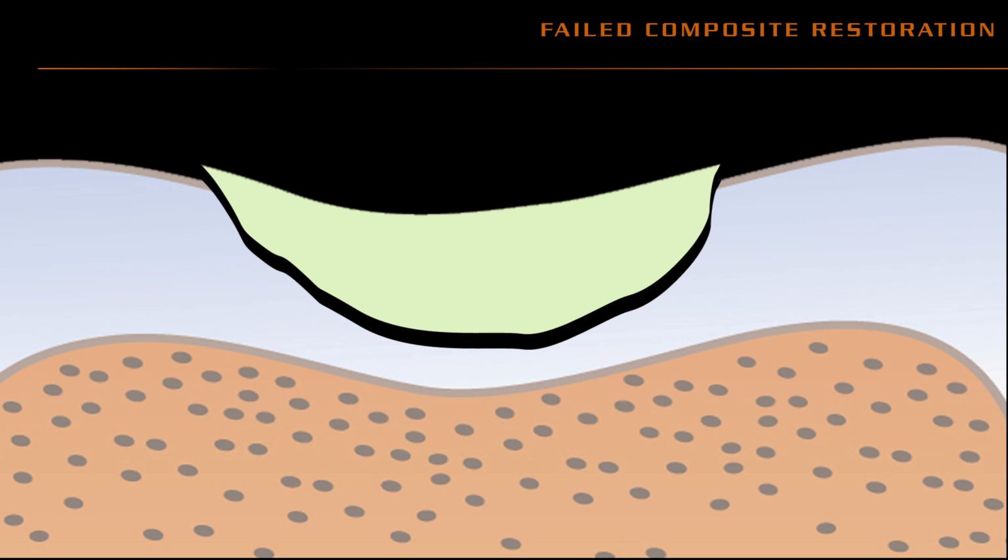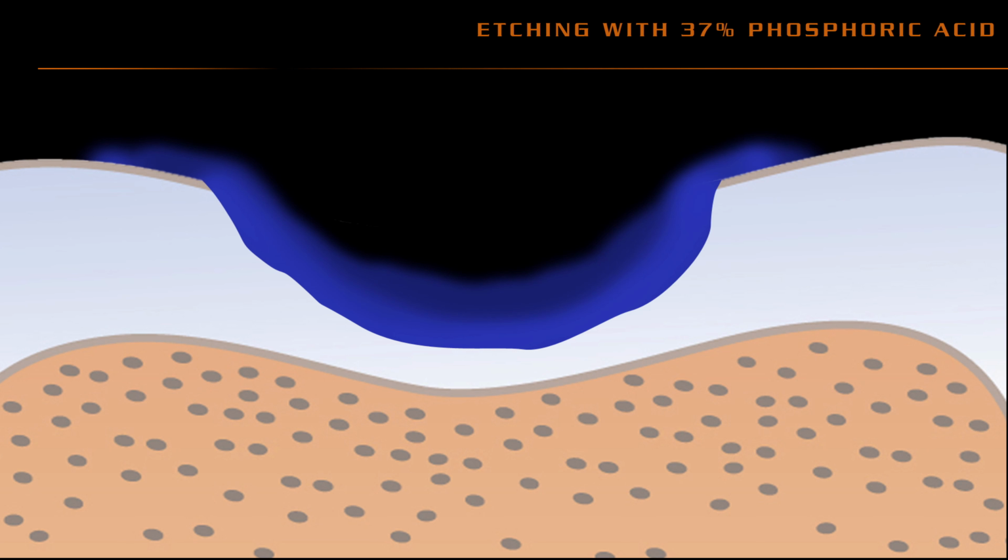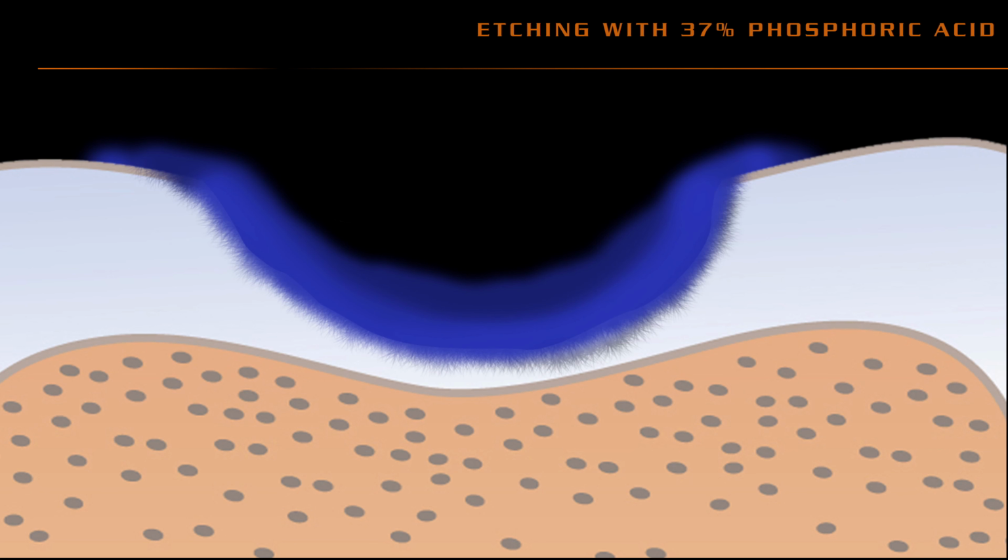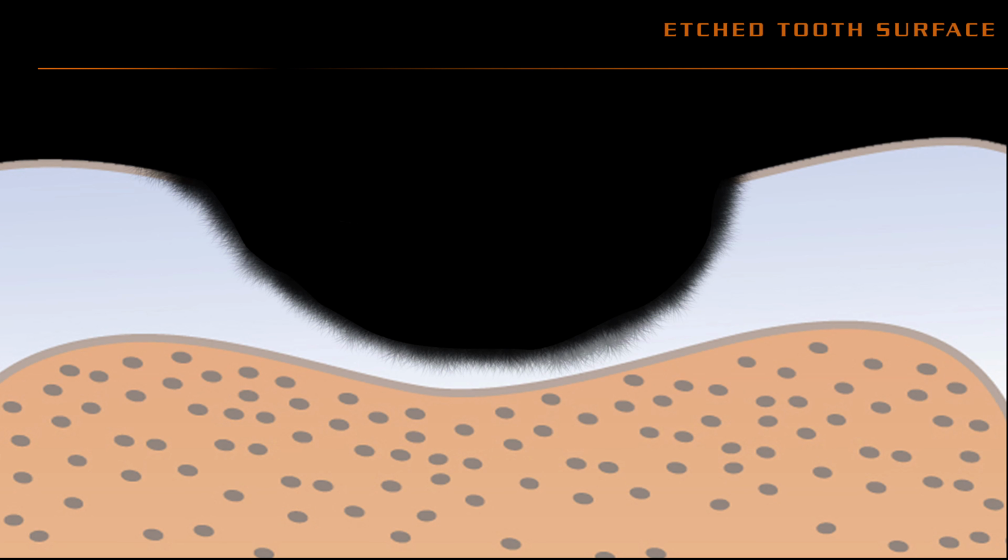So in order to provide that, we place acid etchant, which is 37% phosphoric acid, on the surface of the tooth preparation. Once it is placed, the phosphoric acid will start removing the mineral content from the surface of the tooth. Once the acid etchant is rinsed off, the acid would have created micro irregularities in the surface of the tooth.